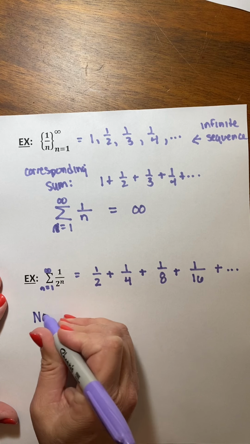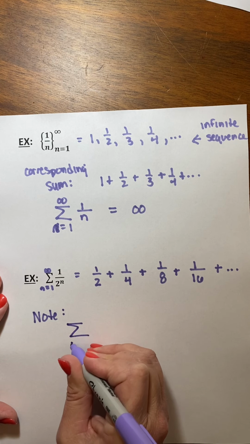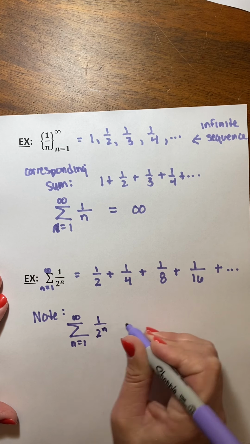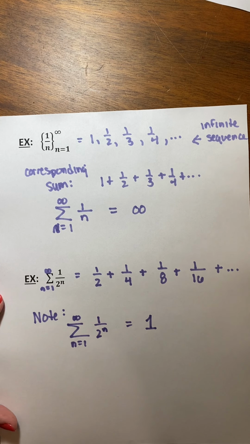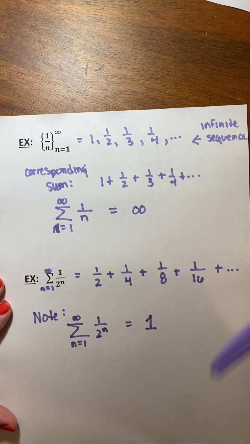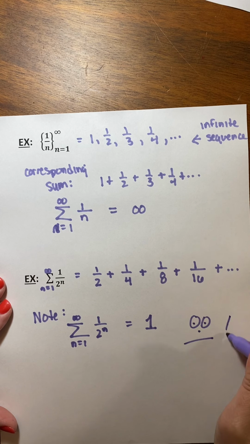Note, if you sat here for the rest of your life and added these up, you would get 1. So the previous infinite series has a sum of infinity; it's unbounded, it keeps growing. This one is going to level out at 1. Isn't that kind of cool that we can add an infinite sum of numbers and get a finite response?